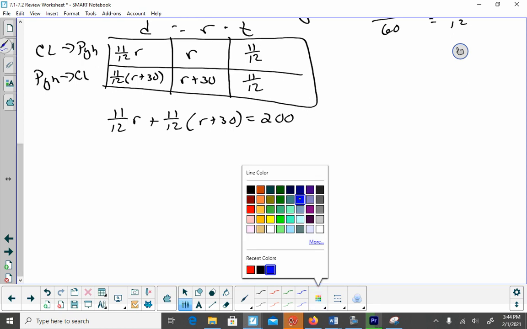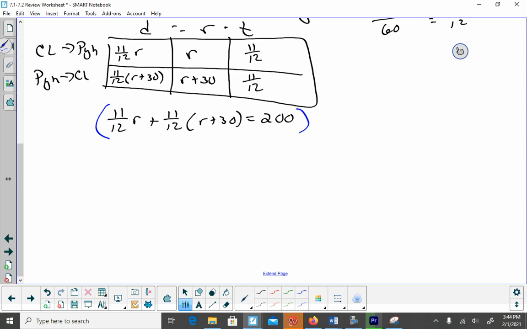Now, I could suffer through this and deal with those fractions, or I could be intelligent about this and say, I don't like the fractions, so I'm going to multiply everything by 12. When I multiply this by 12, the 12s simplify, and I'm left with 11R. When I multiply this by 12, the 12s will simplify, and I'm left with 11 times that whole quantity. And then 12 times the 200 will be 2,400.